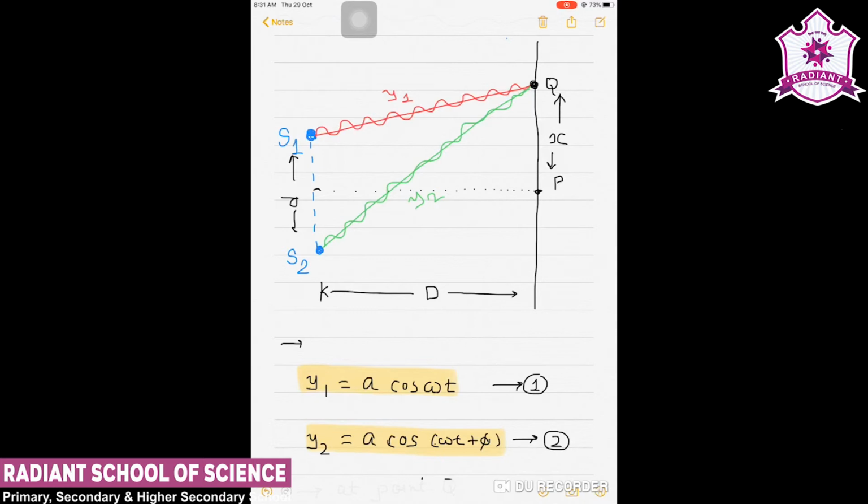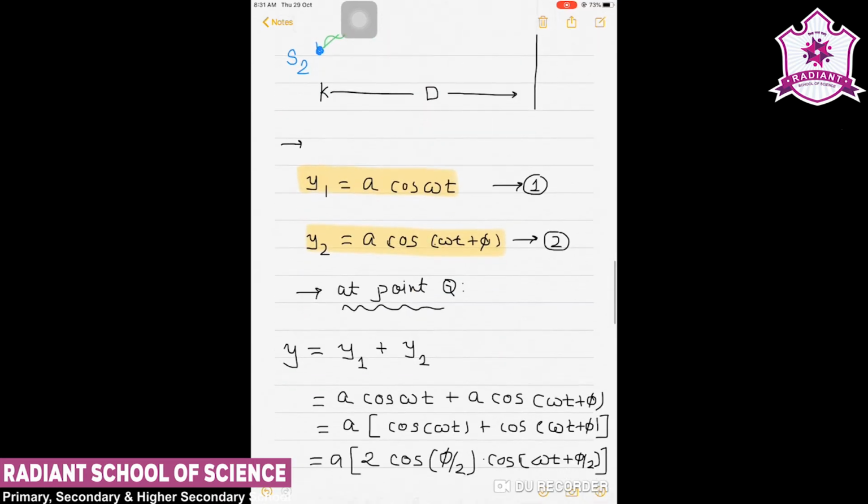If phi belongs to plus or minus pi, plus or minus 3 pi, plus or minus 5 pi, and so on, this corresponds to destructive interference, leading to zero intensity.